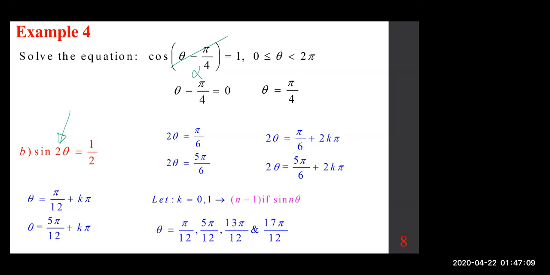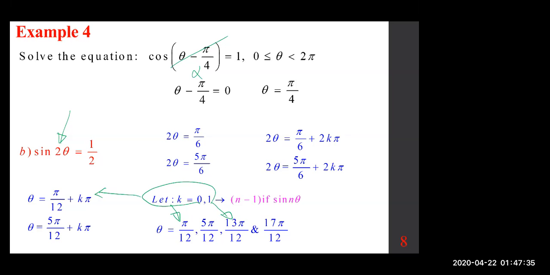So 0, 1, put it in here. It results in this case and in this case. Do you follow what I'm saying? And then if you put it into the second one, it gives you the other two solutions. Any questions?